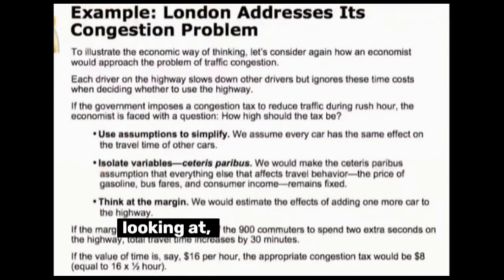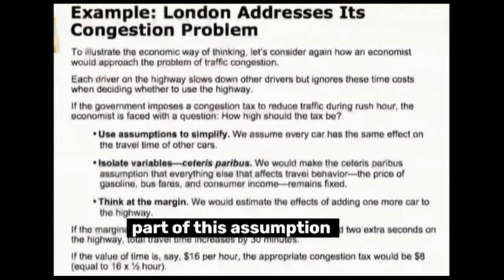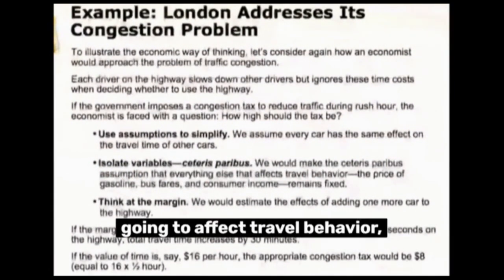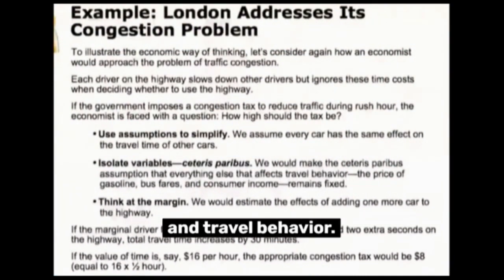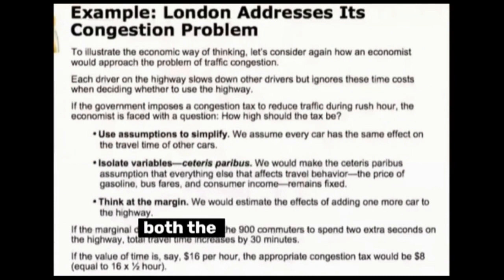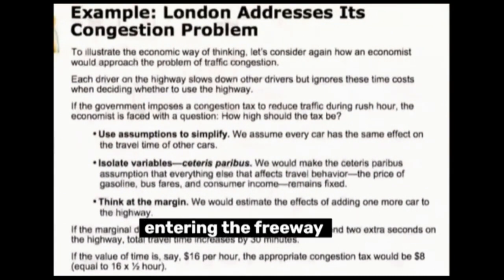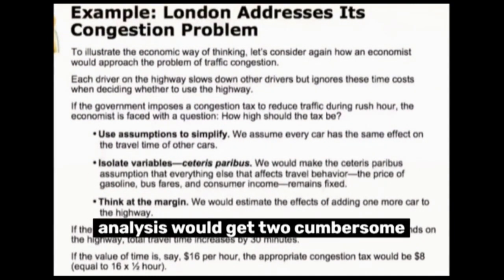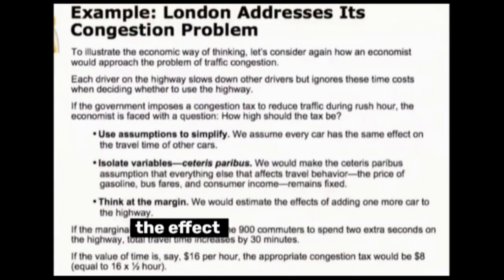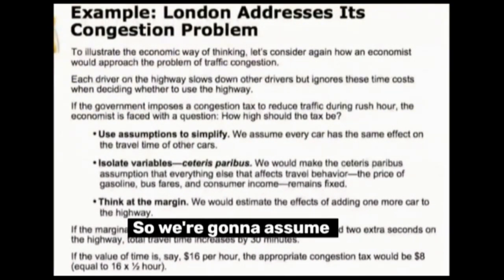Now, we're also going to isolate the variables we're looking at. We make the ceteris paribus assumption that everything else that affects travel behavior is held fixed. There are lots of things that affect travel behavior, like the price of gasoline, bus fares, and consumer income, and all of these things are going to affect traffic congestion. But if I were to look at the effect of one car entering the freeway together with the price of gasoline, bus fare, and consumer income, the analysis would get too cumbersome and too hard to tease out the effect of the one driver.